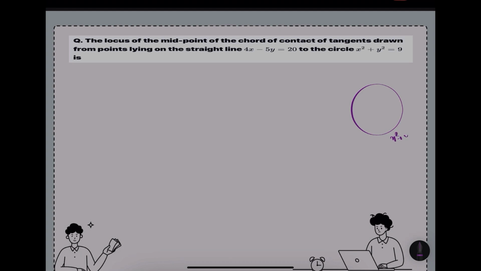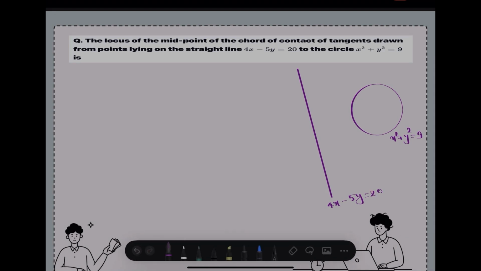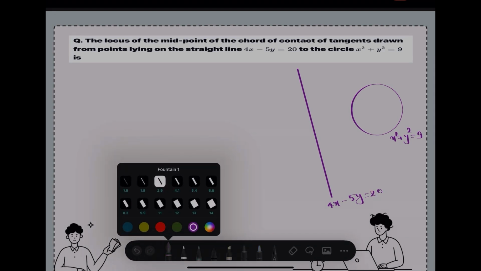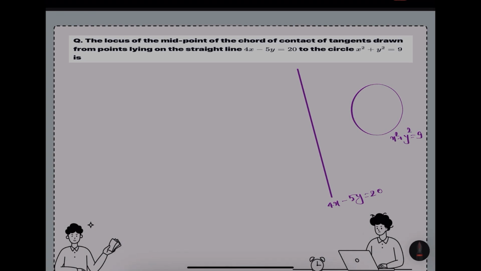X square plus y square equals 9, and this is the straight line, 4x minus 5y equals 20. So from this line you have to drop down so many tangents.